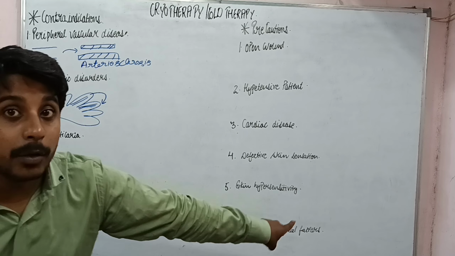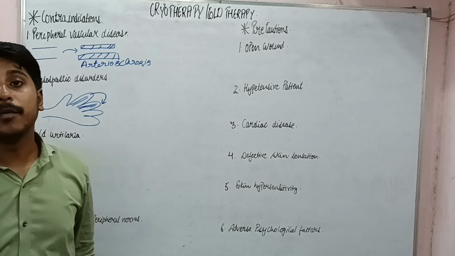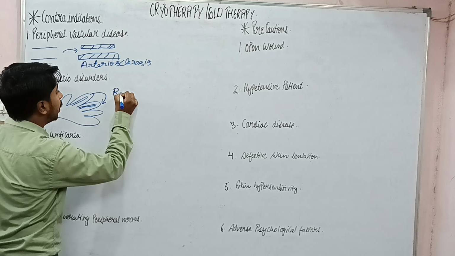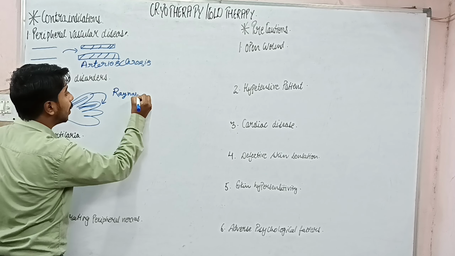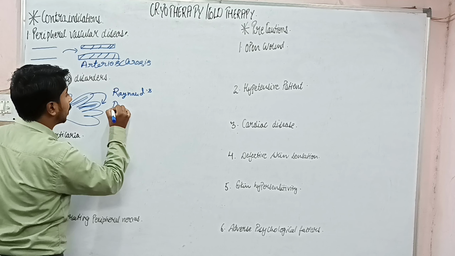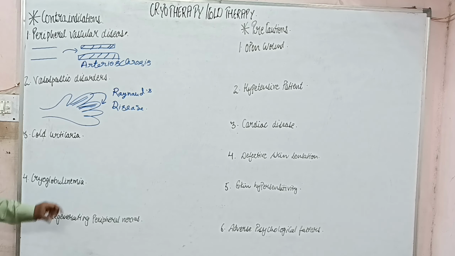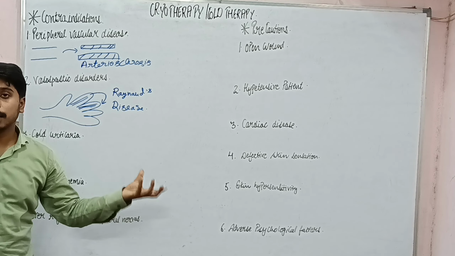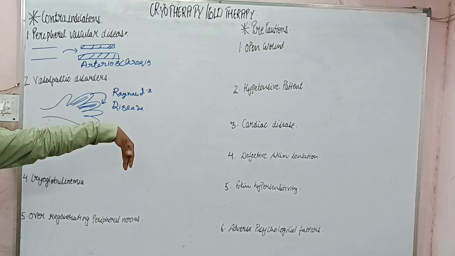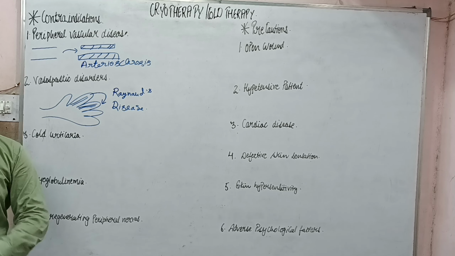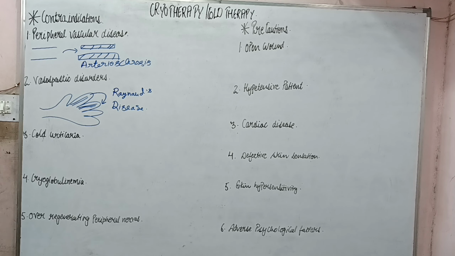That is, whenever we apply cold, there occurs vasospasm. So initially also there is vasospasm, and if we again apply cold, further vasoconstriction will occur, reduction in the blood supply will occur, causing cyanosis and other complications.